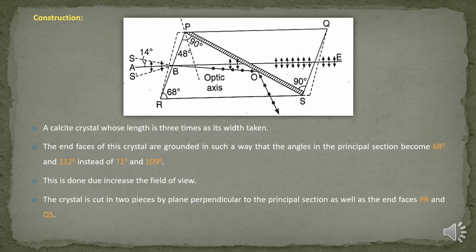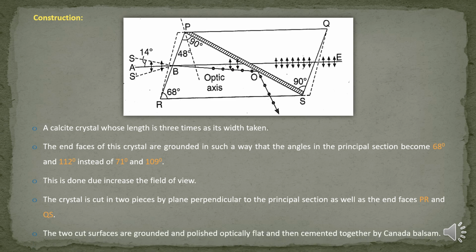This is done to increase the field of view. The crystal is cut in two pieces by a plane perpendicular to the principal section as well as the end faces PR and QS. The two cut surfaces are ground and polished optically flat and then cemented together by Canada balsam.